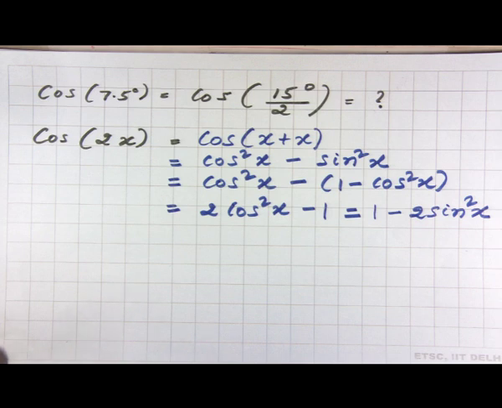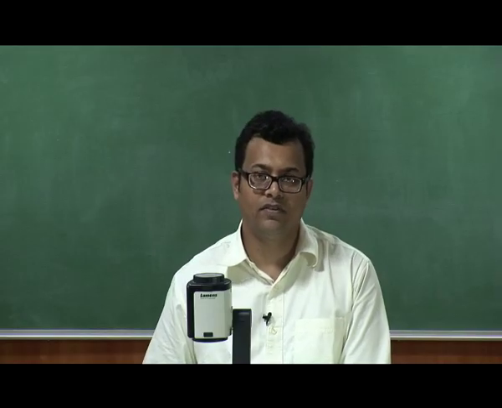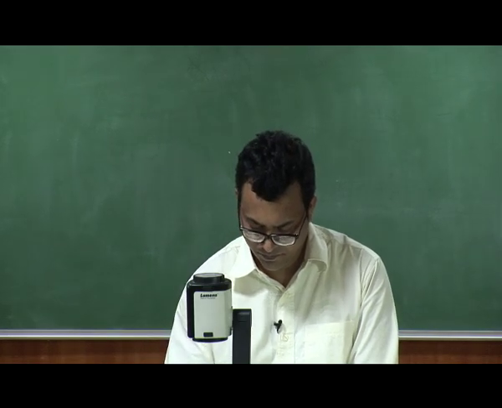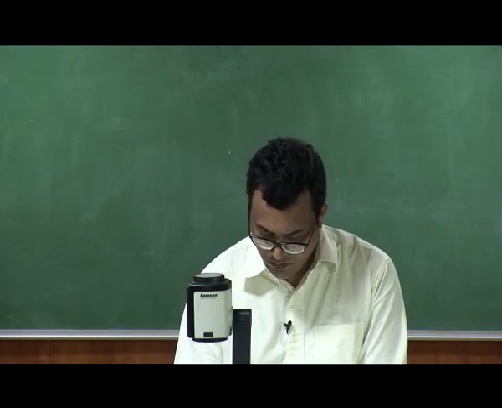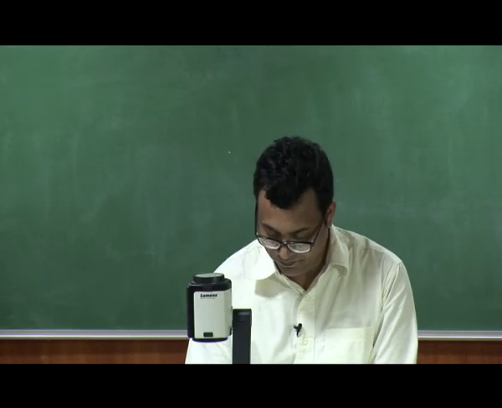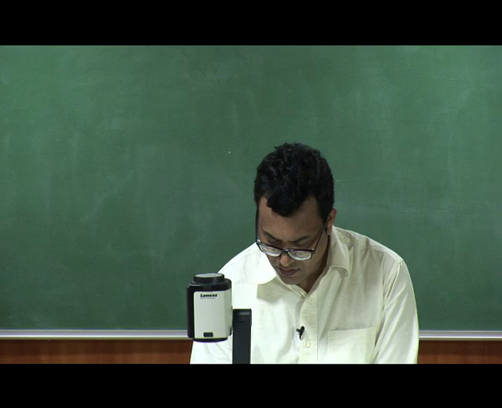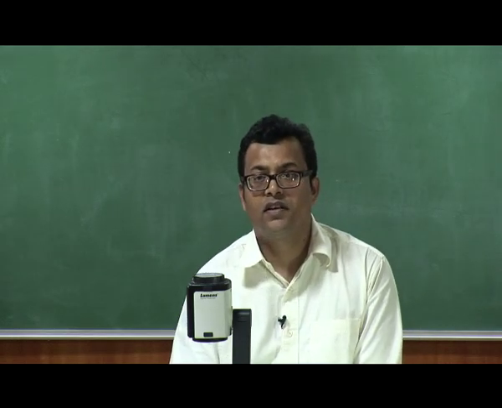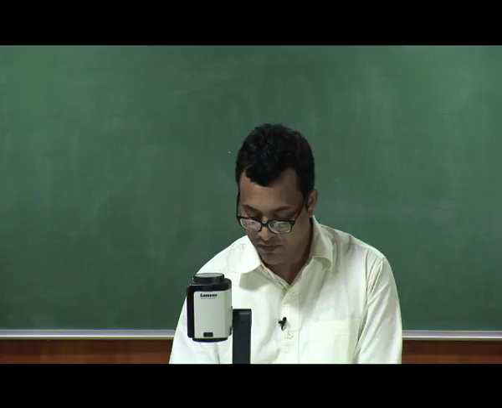Now, let us see how we can calculate cos 7.5 degrees, given that we know the value of cos 15 degrees from the previous slide. Before that, this equation can also be written in another way.